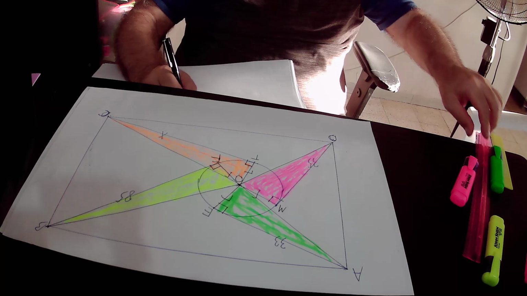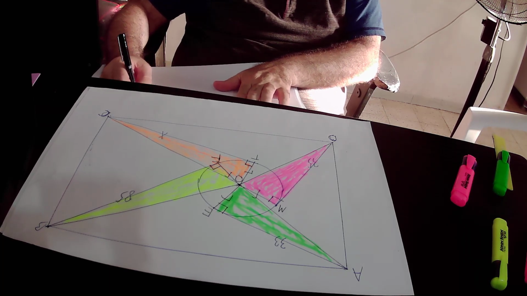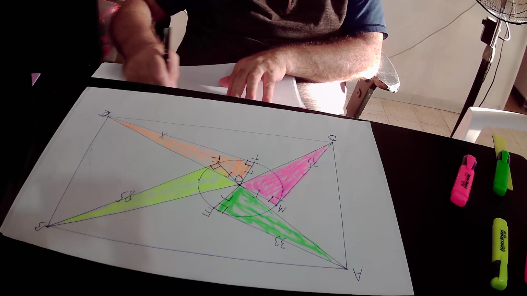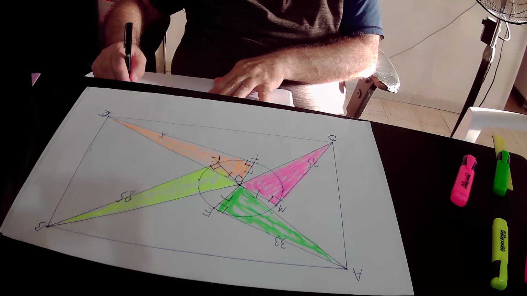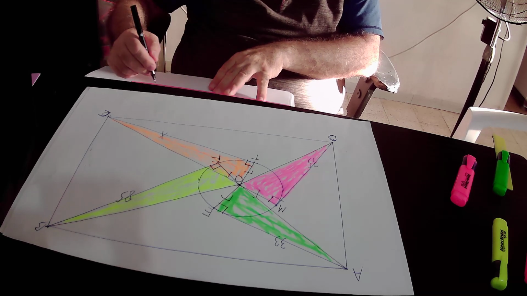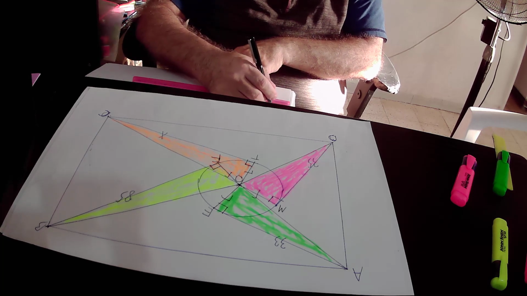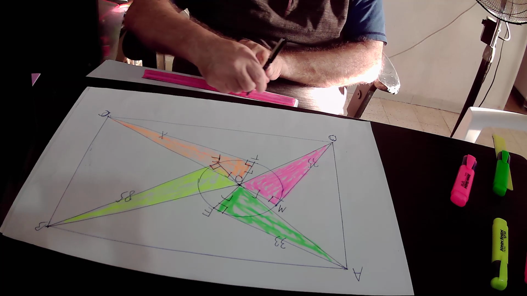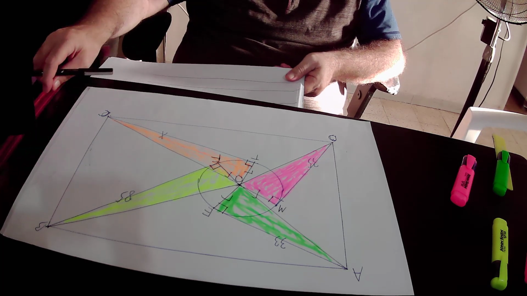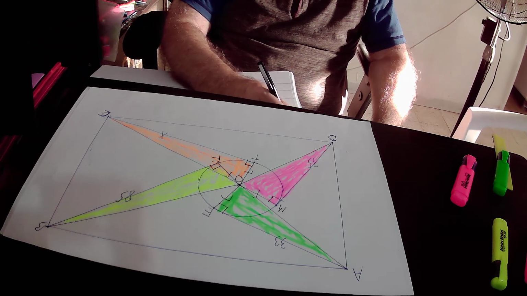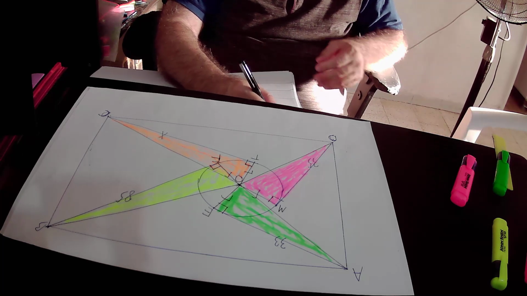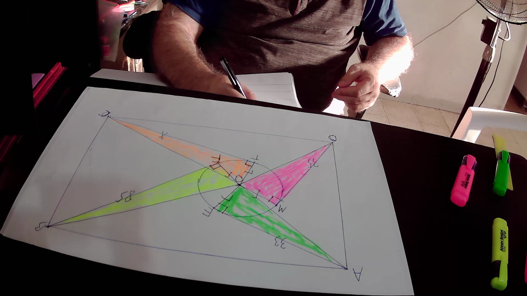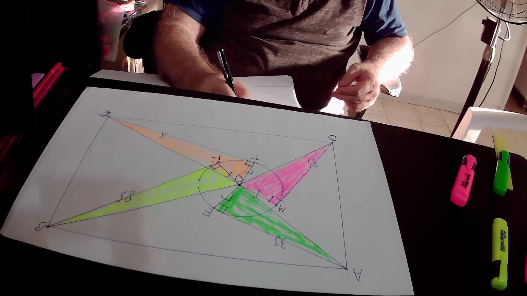According to equation number 1, we found out that AO square equals R square plus 33 square.